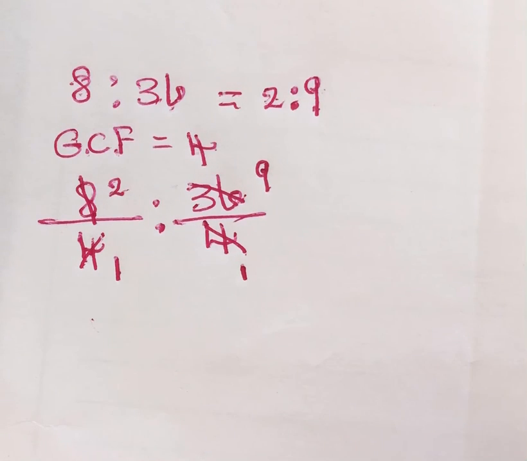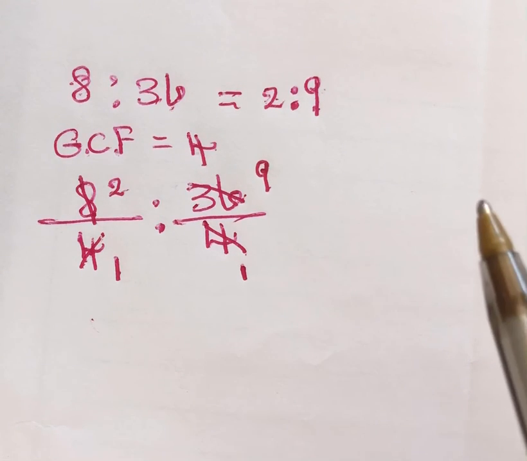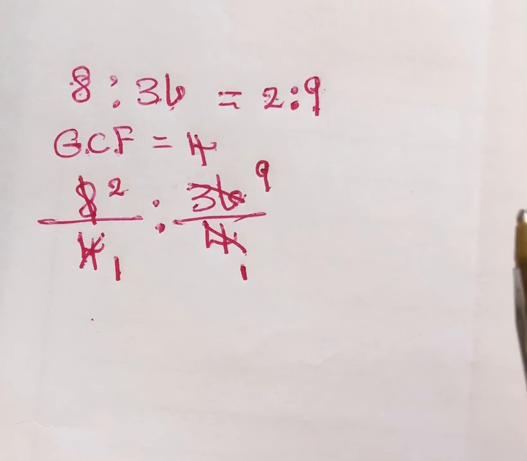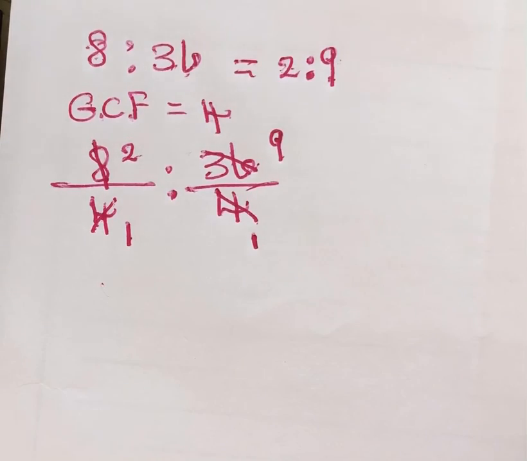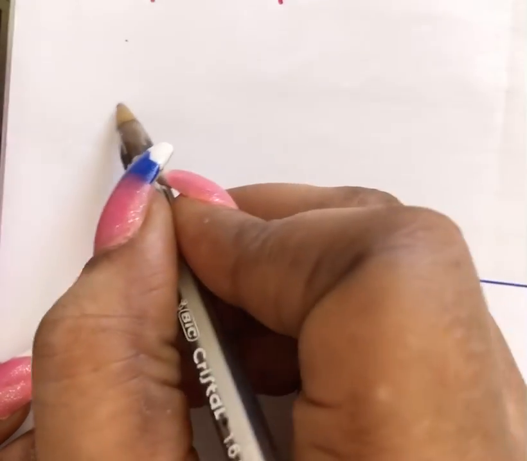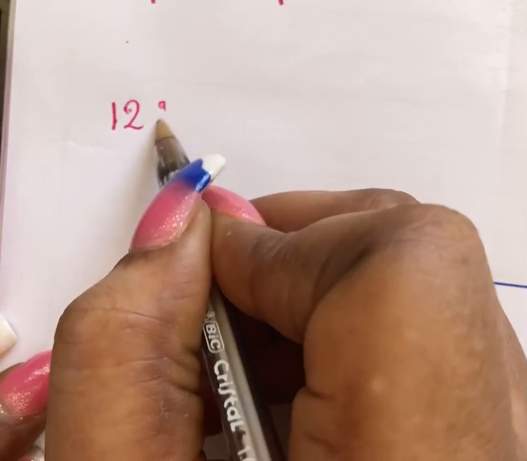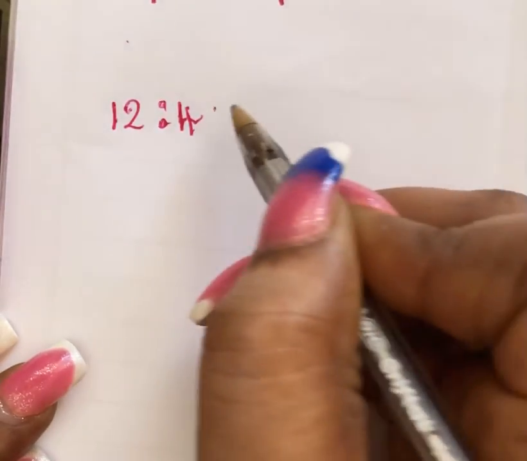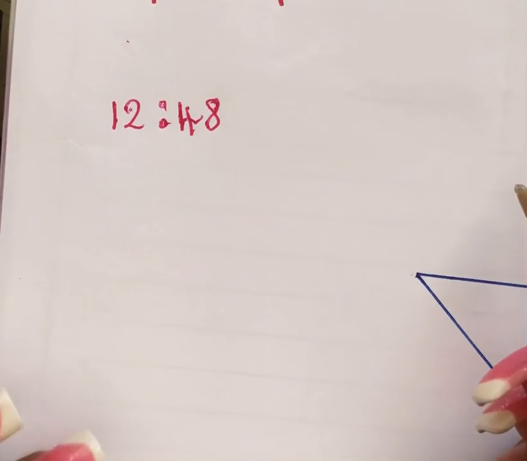Students, I need for you to look and be careful, because in some cases we may reduce, and when we look, we realize that we can reduce further. For example, 12 to 48.